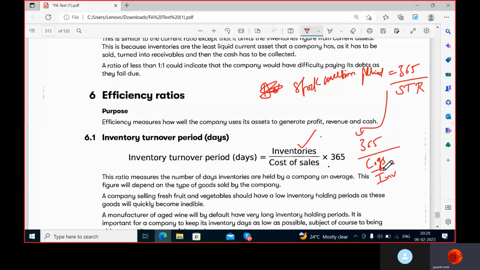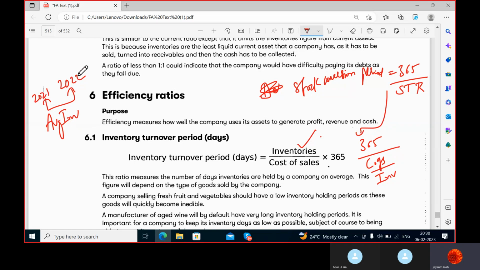So if you have 2 years data, say this is 2022 and you have 2021's data, and you have inventory of both the years, then you'll go for average inventory or average stock.